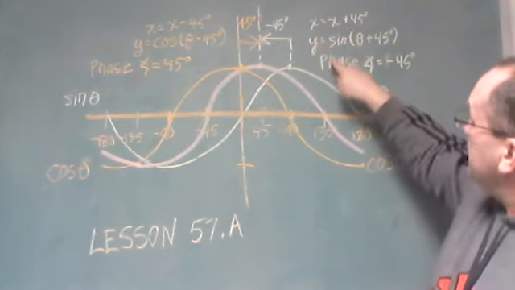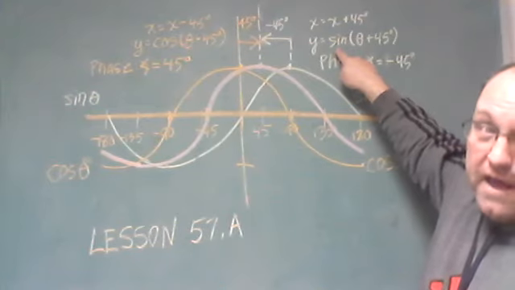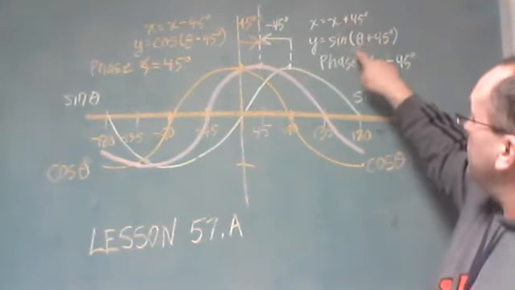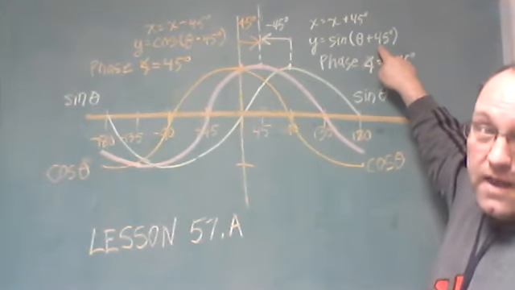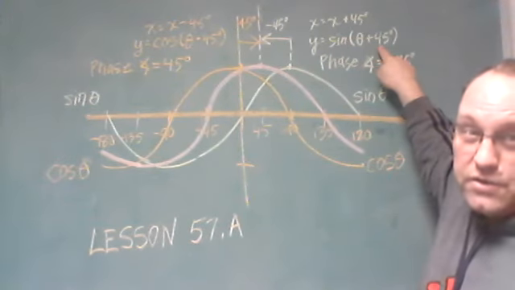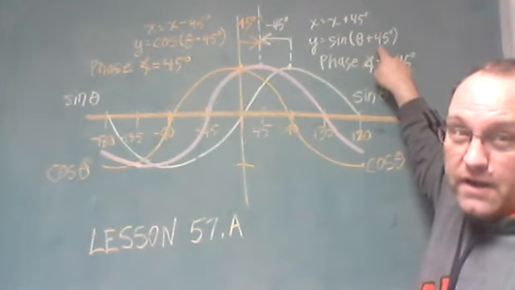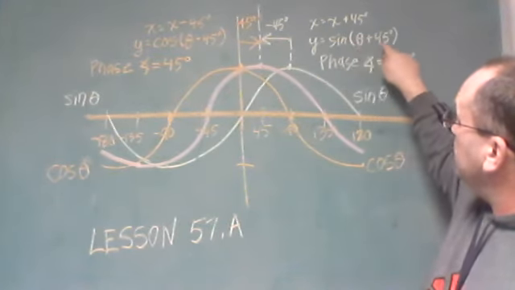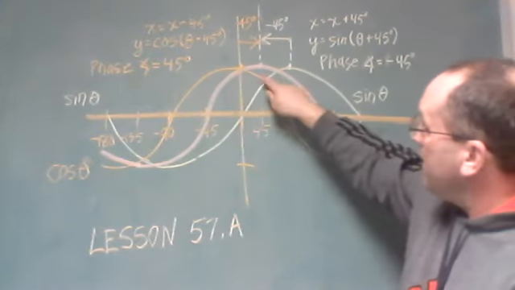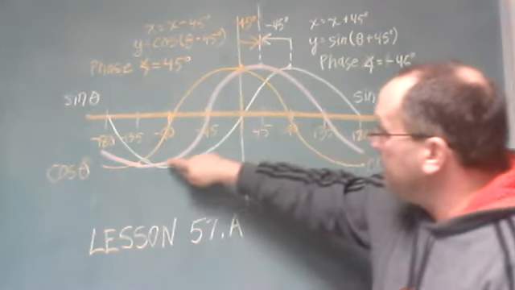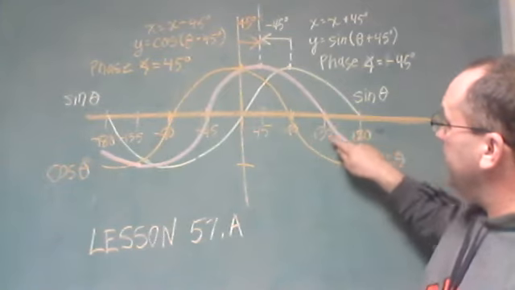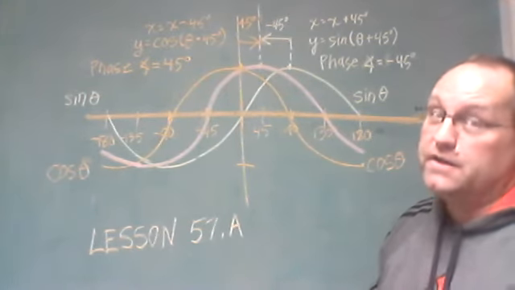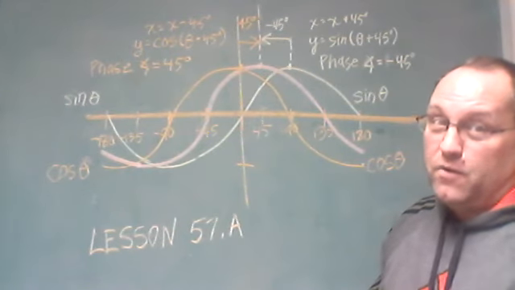Of course, in the sine function, we don't have x, we have theta. So instead of x plus 45, we put theta plus 45. That becomes our expression for that shifted curve. So sine of theta plus 45 would now represent that red curve here in the middle, the sine function shifted to the left 45 degrees.